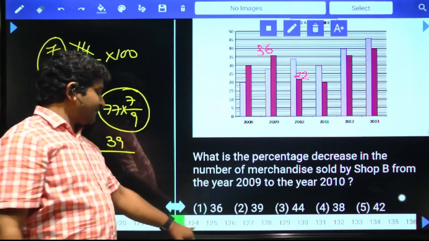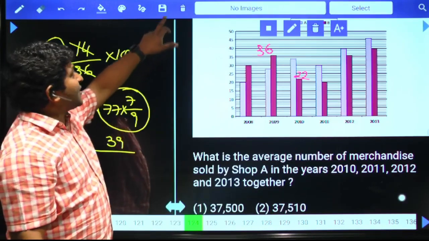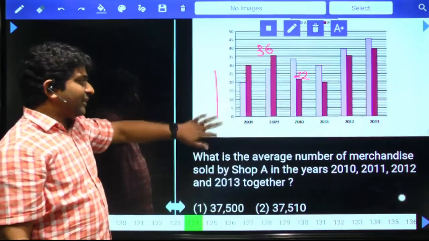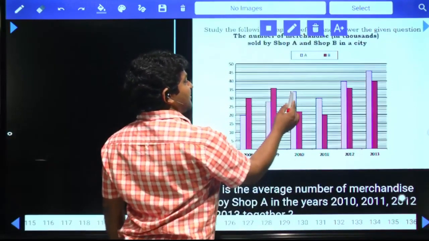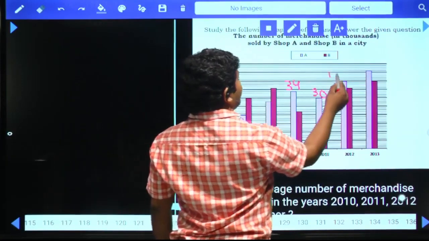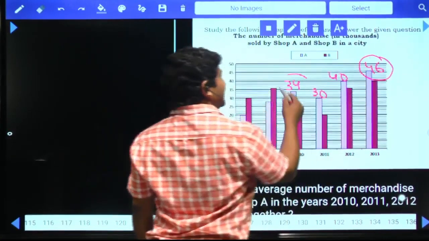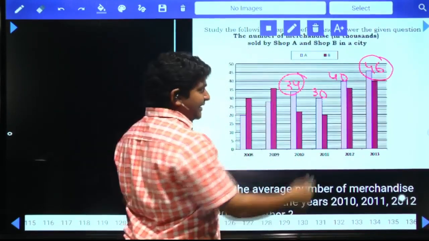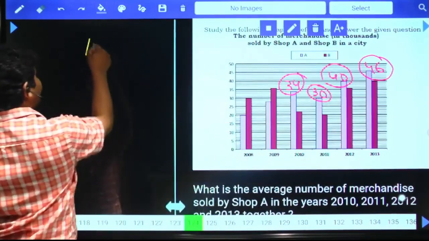Second option answer. What is the average number of merchandise sold by A in the years 2010, 11, 12, 13 together? This value is 34, 30, 40, 46. 46, 34, 80, 40, 30, 70, total 150.